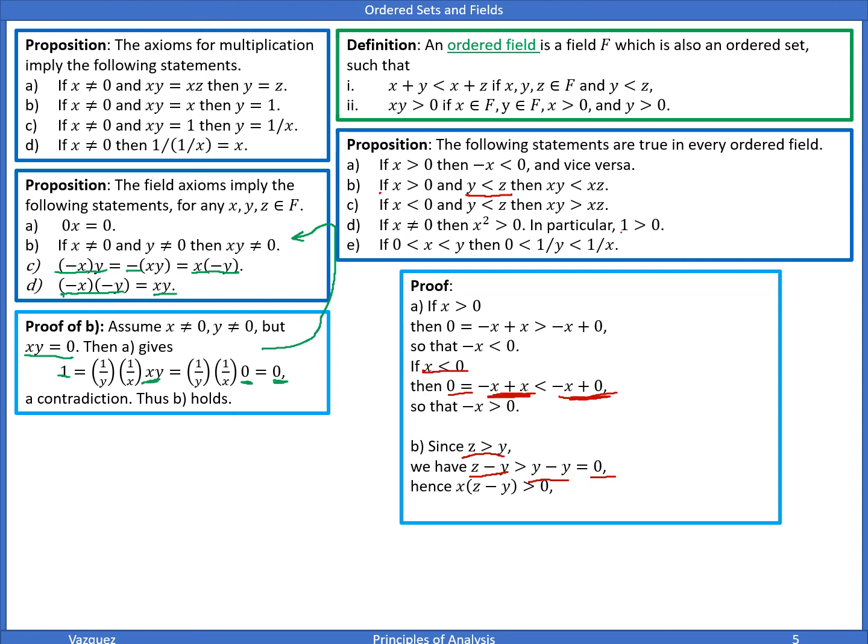Because up here, if you look at b, we're assuming x is greater than 0. So this product should be greater than 0. And therefore, x times z is equal to x times z minus y plus xy, if you want to distribute that so you can see that, which is greater than 0 plus xy, which is equal to xy. So xz is indeed greater than xy, which proves b.